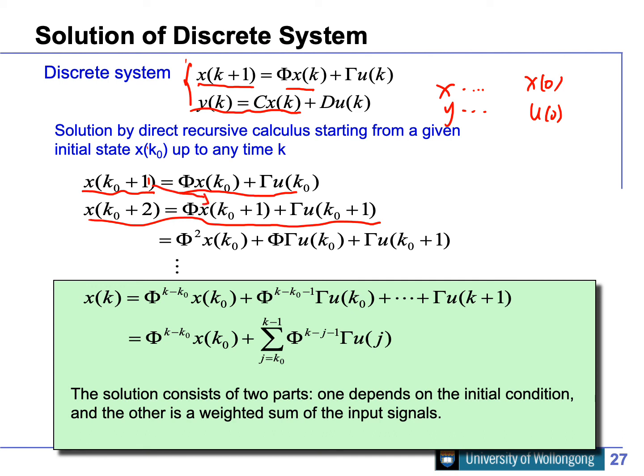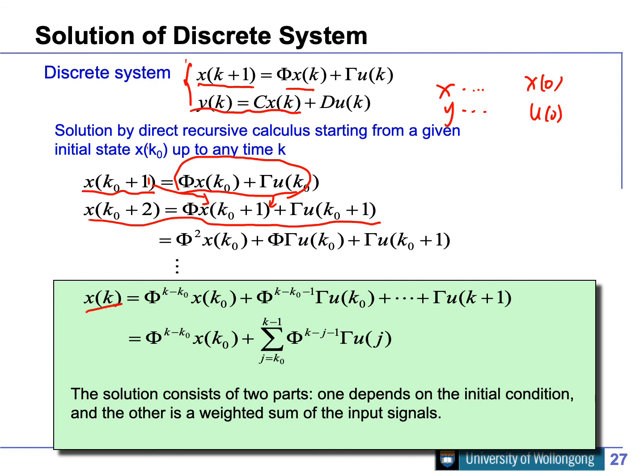So we replace that xk plus 1 with phi xk plus gamma uk. So this is just coming in that part to fit in here. And we do that over again from k0 to any k.